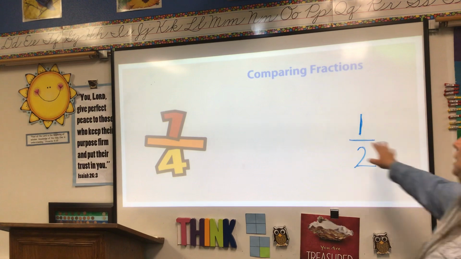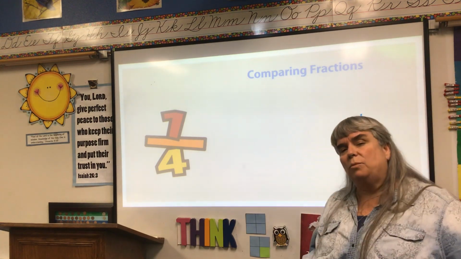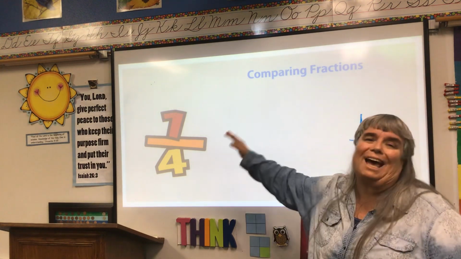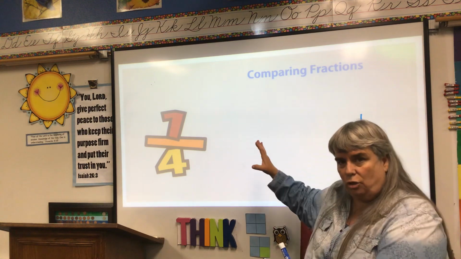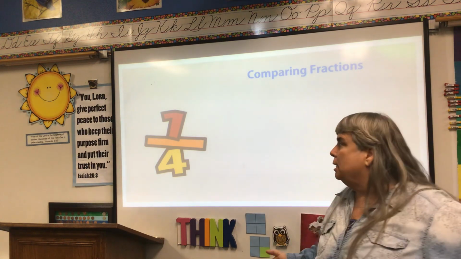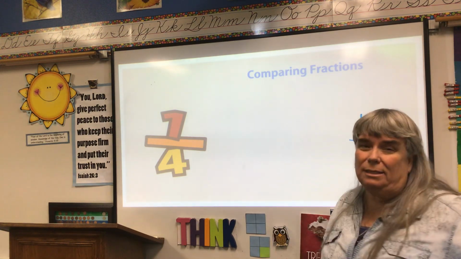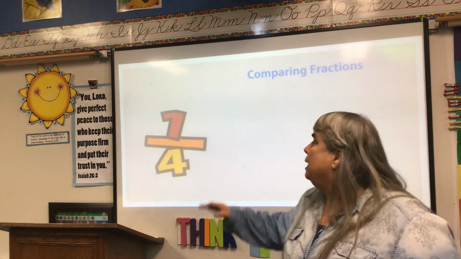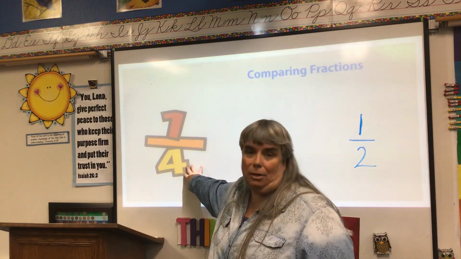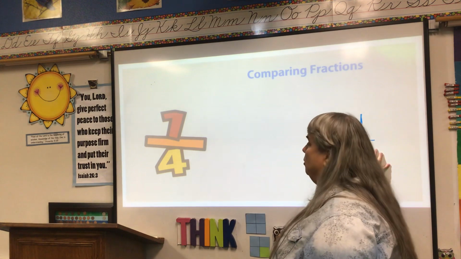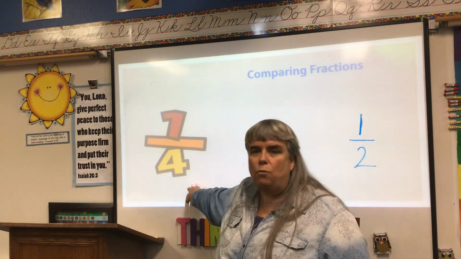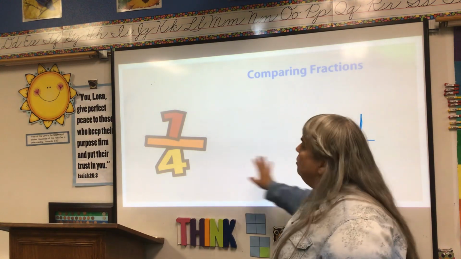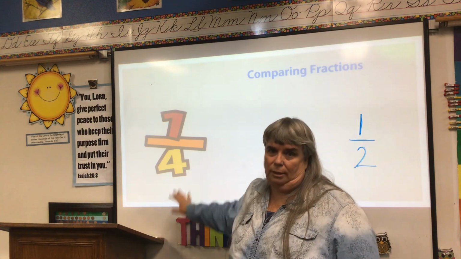When we're comparing these 2 numbers, if someone were to say which one is bigger without us being able to really picture those 2 fractions, and we look at this, one of the things that seems a little odd is that the number 4 is bigger than the number 2. So you might say, well, I know 4 is bigger than 2, so this must be the larger fraction.